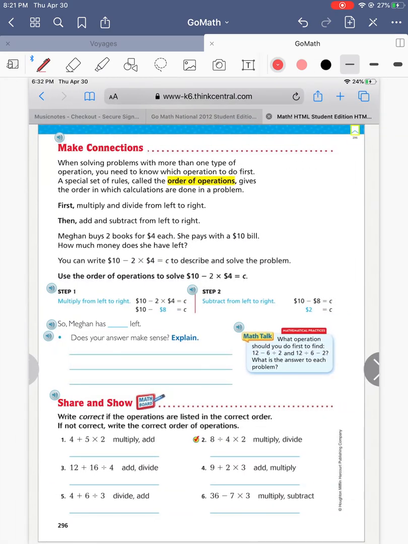Okay, now let's go to the next page, if it will turn. All right, when solving problems with more than one type of operation, you need to know which operation to do first.